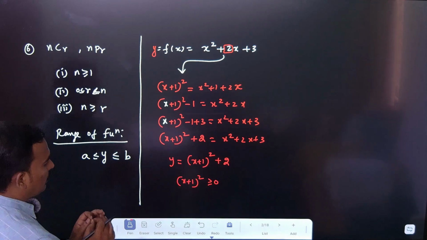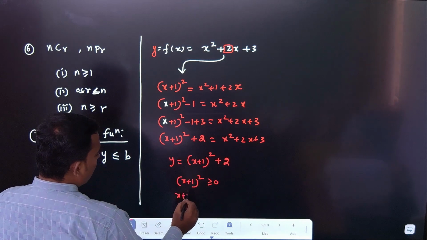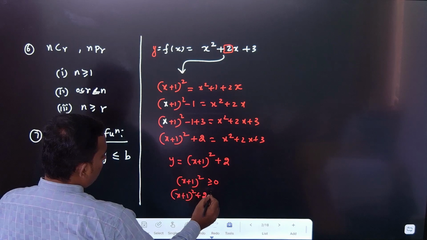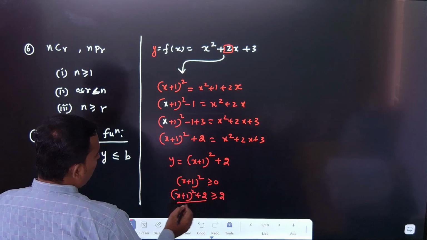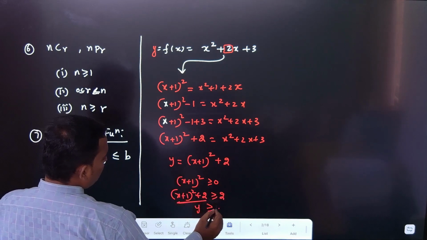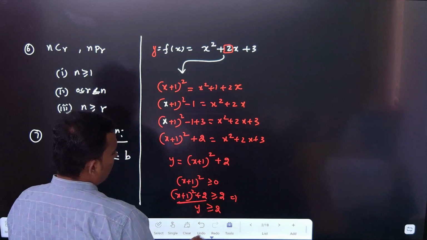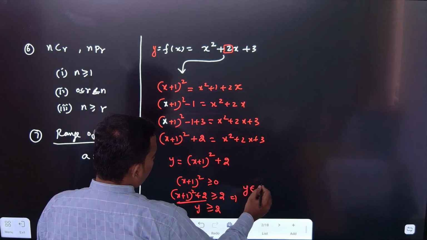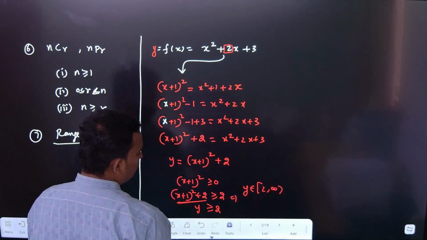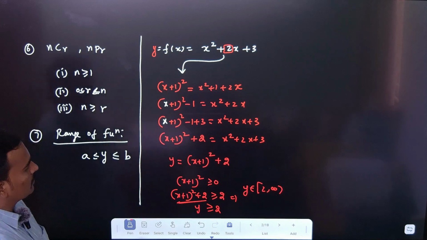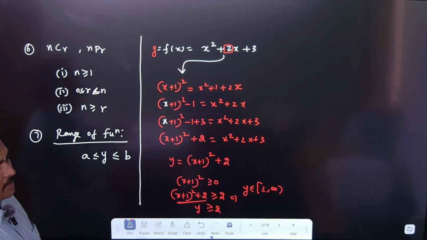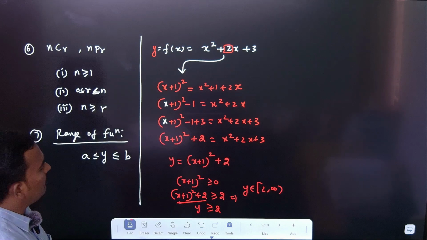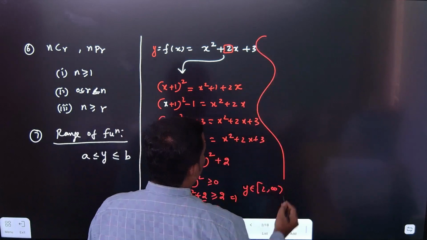Add 2 on both sides: x plus 1 whole square plus 2 is greater than or equal to 2. This is equal to y, so y is greater than or equal to 2. Therefore the range is y belongs to 2 to infinity. Okay. I hope everyone understands. Let me take one more example.